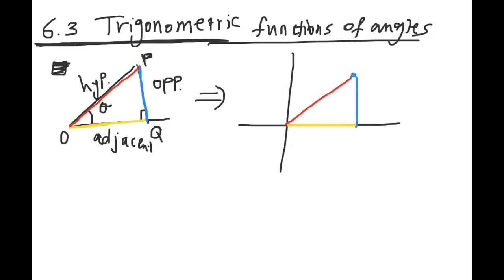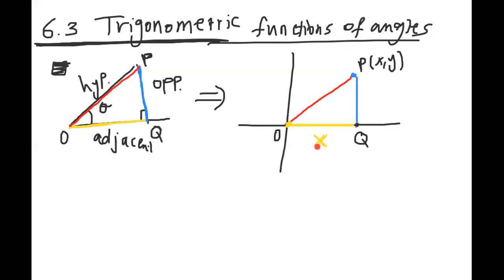So now the adjacent will be the x value. Suppose that this is the O point, this is the Q point, and this is the B point. B has x and y coordinates. So that means the adjacent now will be the x value, the length from this point to this point.